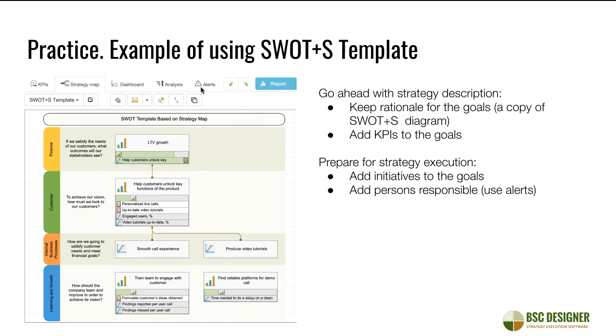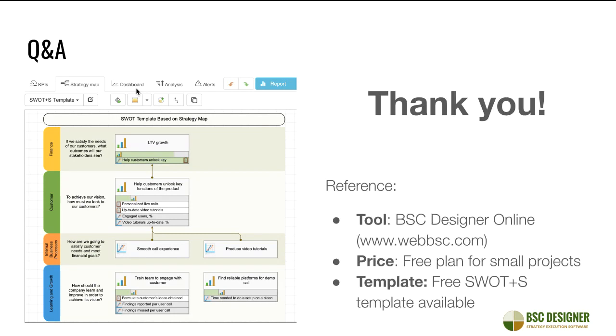And if you're using software like BC Designer, you will go to the Alerts tab and set up some automatic alerts to keep your team accountable. We'll create local versions of this strategy and we'll cascade some of the goals to other people in our team. We'll give some permissions to other members of our team so that they can see certain goals, certain indicators. We'll also create some dashboards to have a visual picture of how we are progressing.